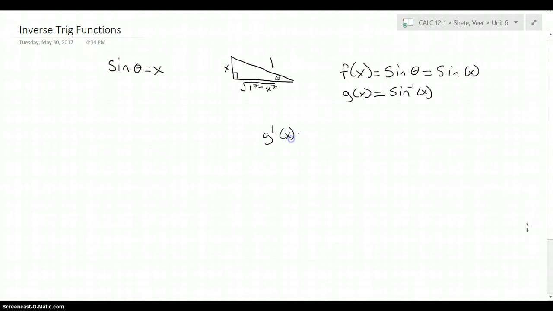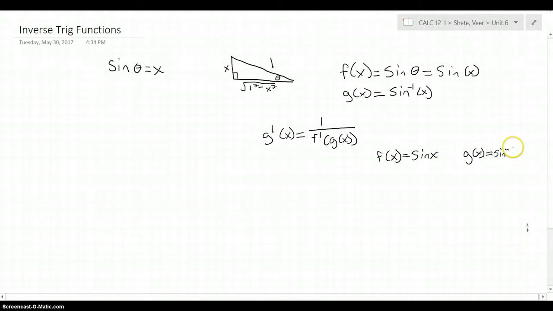In this case, the derivative of our inverse function will be 1 over the f prime of g of x using chain rule. And in this situation, our f of x is equal to sine x as listed above. Because it is the inverse, our g of x is sine inverse of x, which is often called arc sine of x.